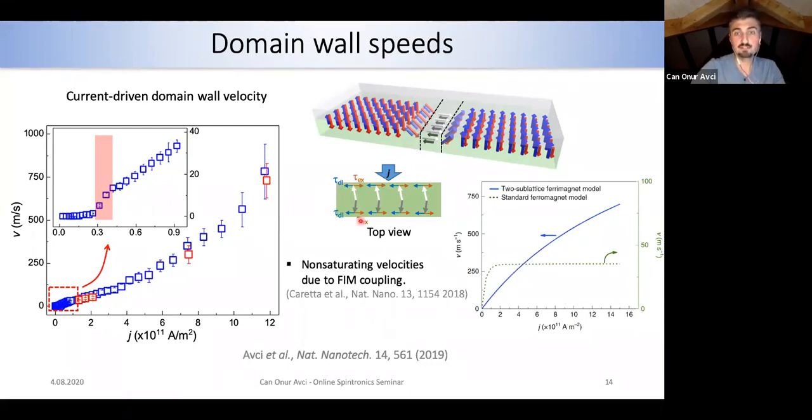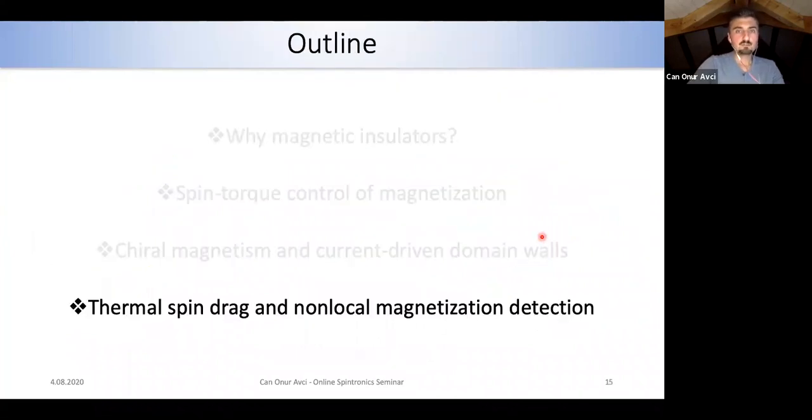However, since the exchange interaction, as I indicated before, is very strong in this material, it acts like a restoring force. Therefore, it acts like a second torque on the domain wall. So within the limit of our current, we never reach saturation, and this is confirmed by the model here. All right, so this is all about the domain wall motion studies that we have done.